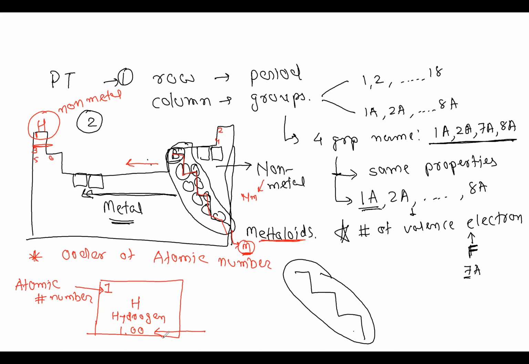That is called atomic mass. It means the weight of that atom. Many times it is also referred to as mass number. So we're going to refer to it as both atomic mass as well as mass number.